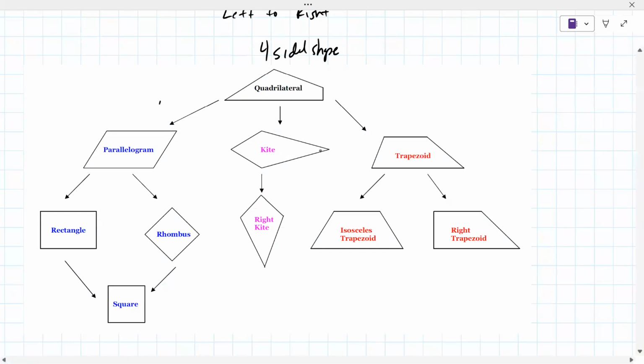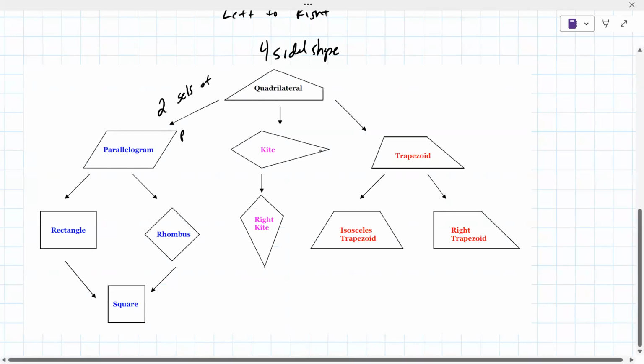So parallelograms have two sets of parallel sides. Trapezoids have one set of parallel sides. Kites have no parallel sides.